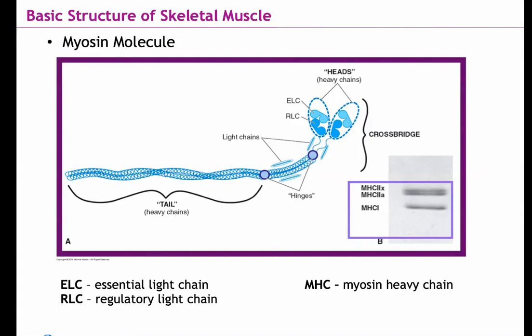The myosin heavy chain content between a type 2X and a type 2A is very similar. So basically they can transition back and forth, but they cannot transition to a type 1, which has a different myosin heavy chain content.